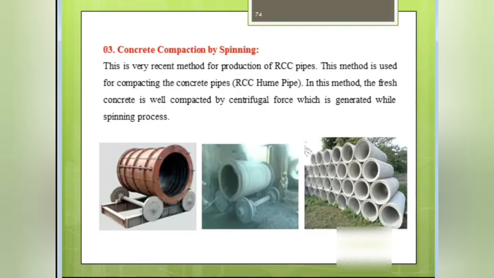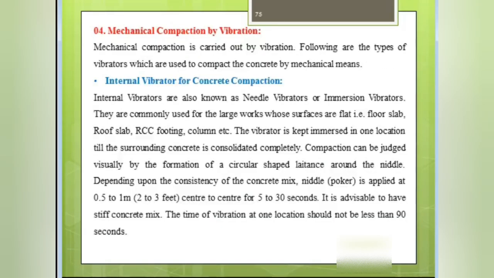By closing that formwork, it continuously rotates, so with the help of gravitation, the concrete flowing continuously sets against the external part of the wall at a particular thickness, and after rotating for some time, the complete pipe is obtained by removing the formwork. That is the spinning method of concrete compaction.